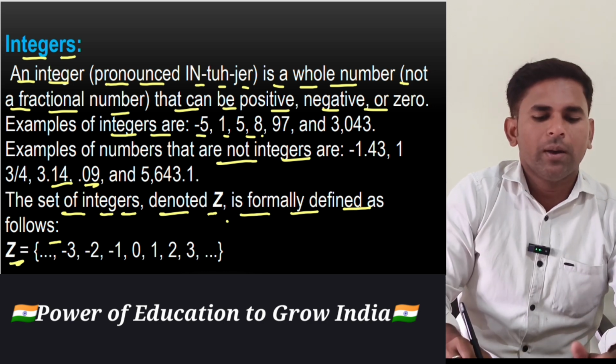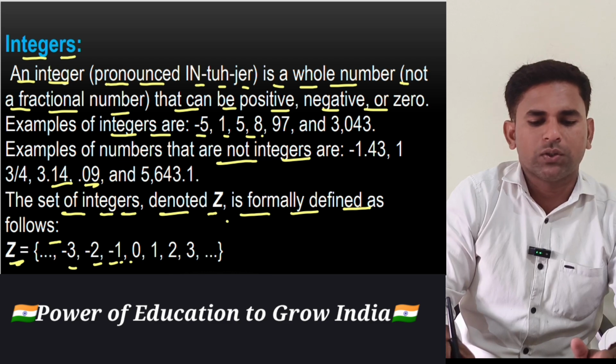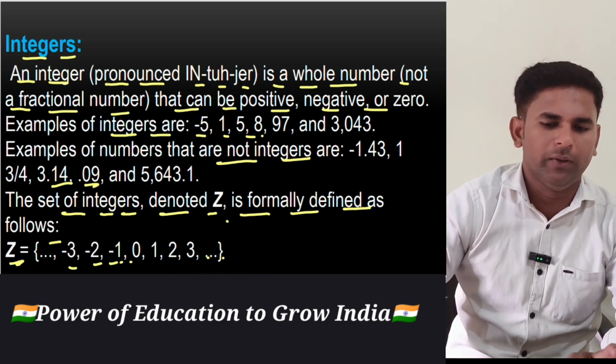So there is -3, -2, -1, 0, 1, 2, 3, up to infinity.